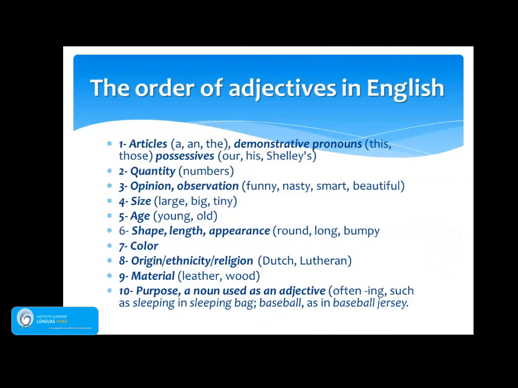Then comes an adjective expressing quantity, then an adjective expressing opinion or observation, size, age, shape, length and appearance, color, origin, ethnicity, religion, material, or purpose. Purpose is often given by these -ing adjectives, such as sleeping in sleeping bag, or baseball in baseball jersey.